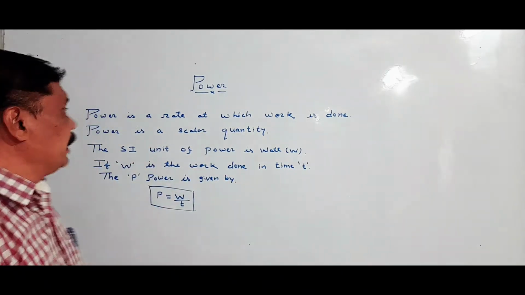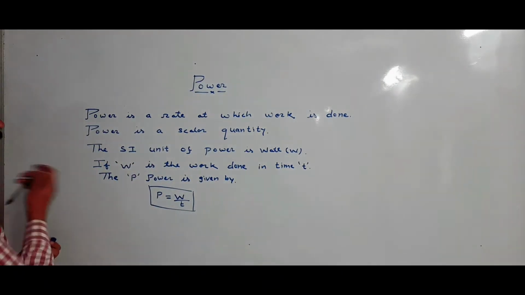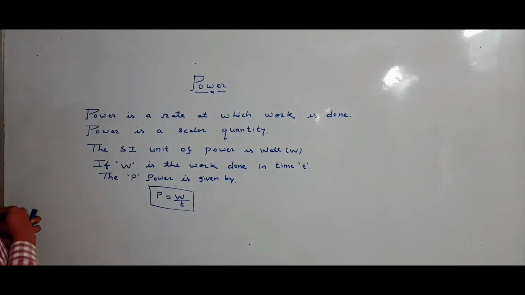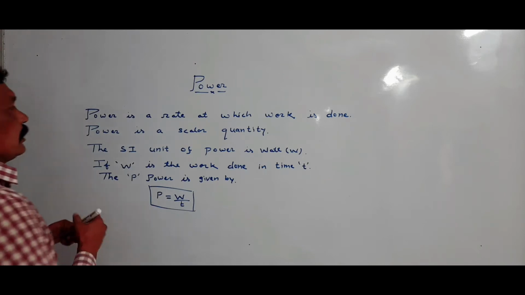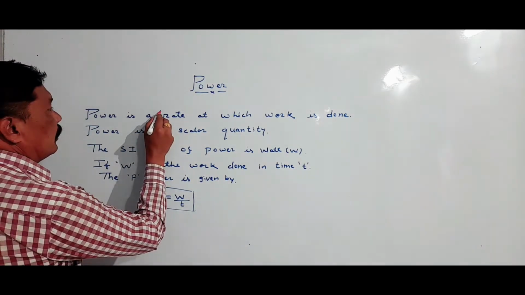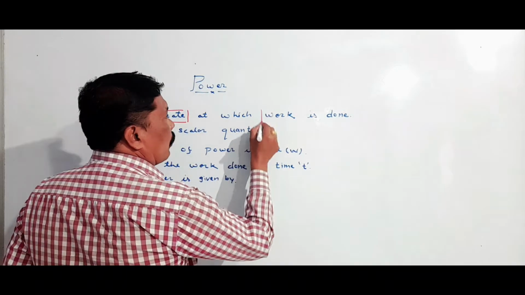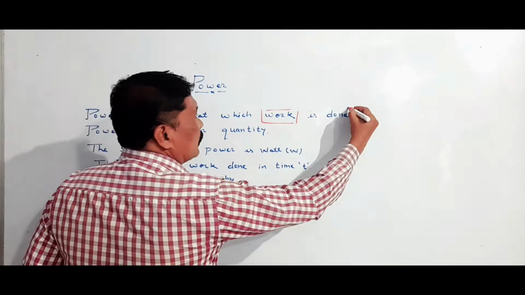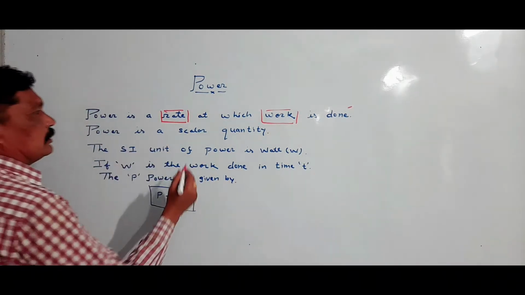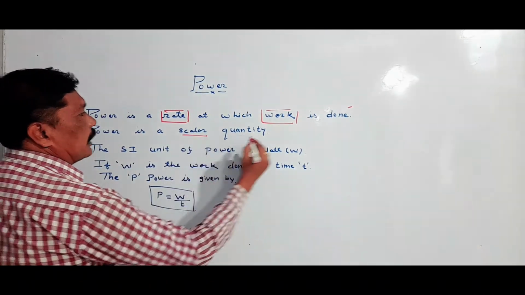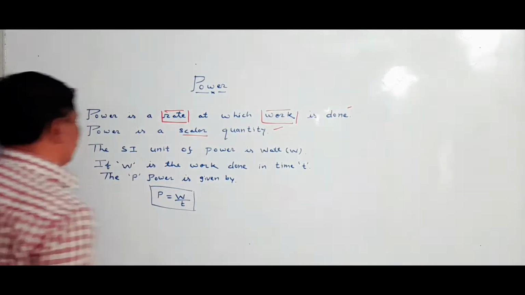Power. What is power? Power is the rate at which work is done. Power is a scalar quantity.